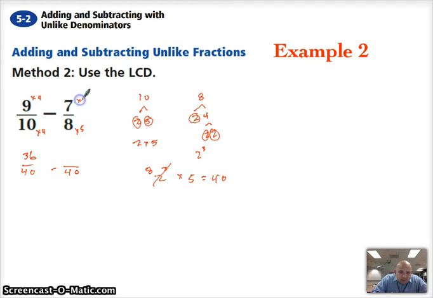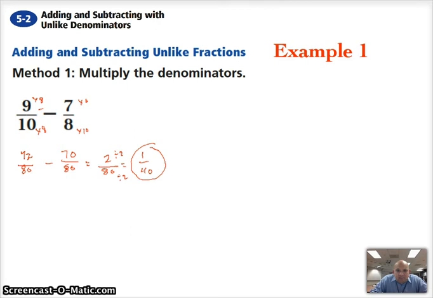So I multiplied by 5 at the top. And that gives me 35. So now I've got 36/40 subtract 35/40, which equals, again, like denominators, I just transfer that denominator over and merely subtract the numerators. 36 minus 35 is 1, 1/40. And that, by the way, is what we had in the last problem, 1/40 as well.